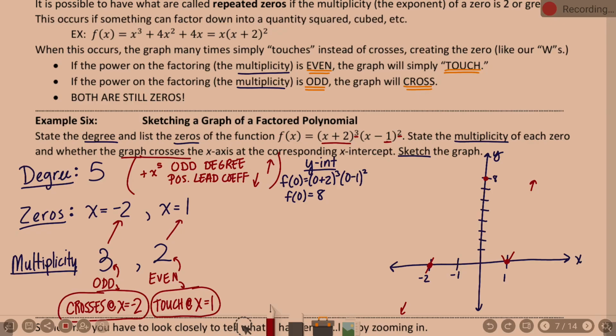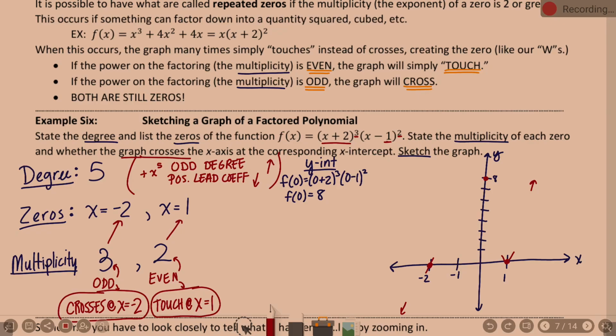Sketch your graph. Okay, pause. At negative 2, I need to mention one thing. At negative 2, my power was 3, yes? A power of 1 is a typical cross through. The higher the power gets, and you'll see this in the graph, the more the graph temporarily flattens at that point.